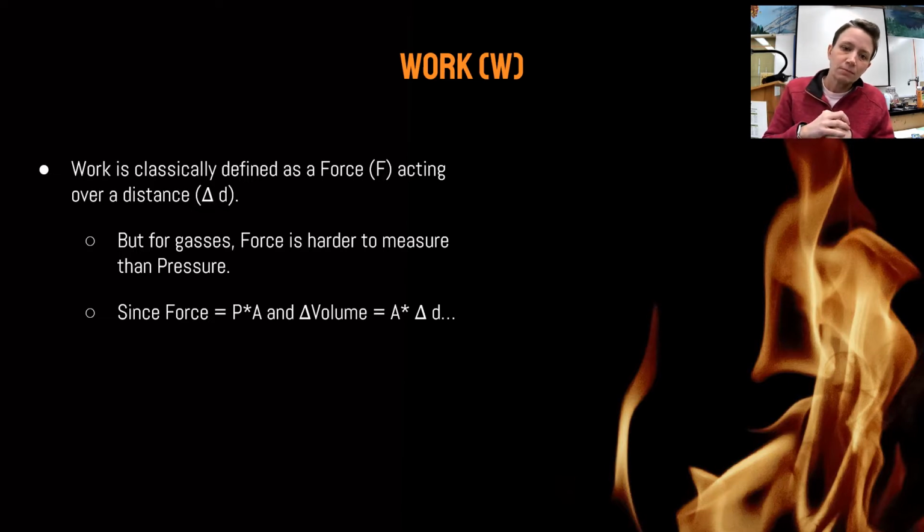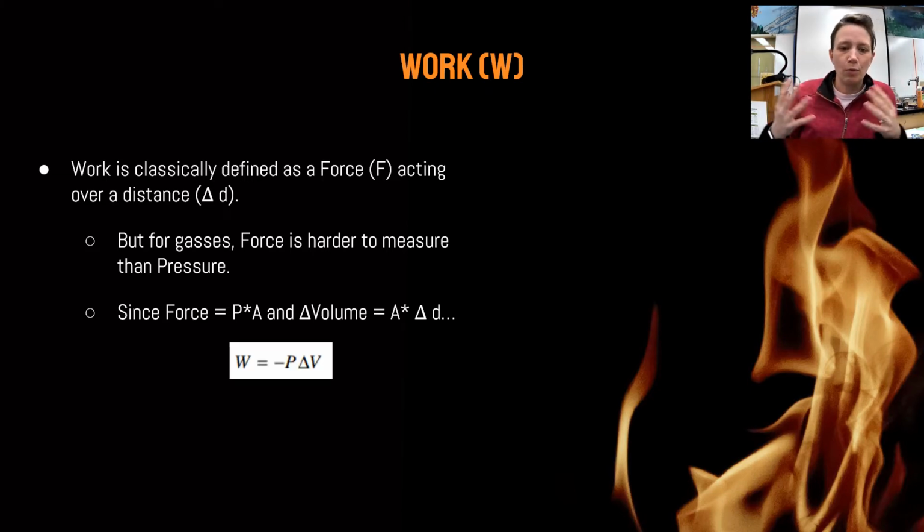And since we know that volume is the area of an object multiplied by the distance or the length of that object, we can substitute out a volume for the A delta D that would be left in that equation after we put in the force. So if you didn't follow that whole derivation, I'm happy to go through it in class again.